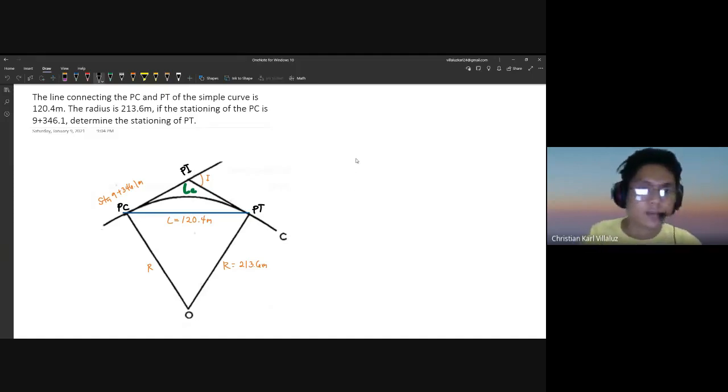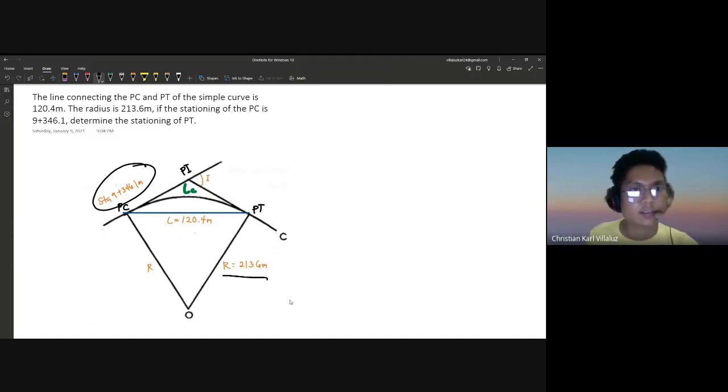So, yan, walang ibinigay na direction ng mga tangents. So, just draw a simple curve sample. Then, dun nyo i-assign yung mga given natin na stationing, which is this one, 9 plus 36.1. And we have a radius of 213.6.